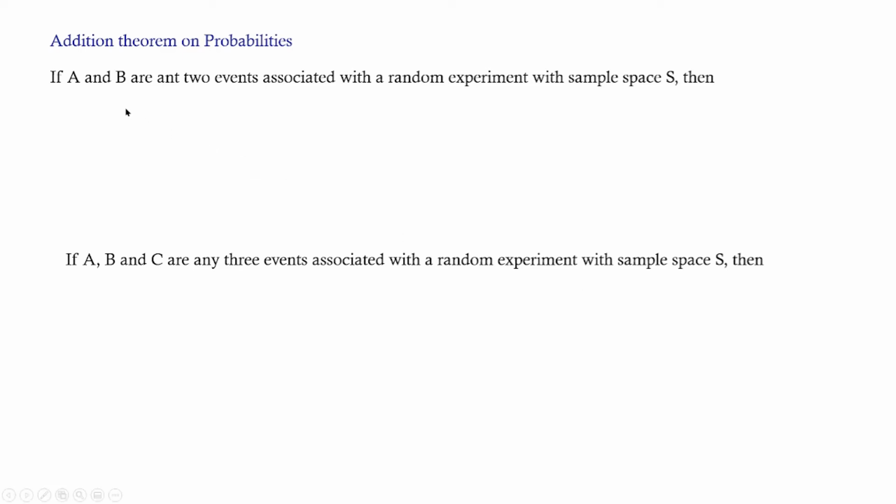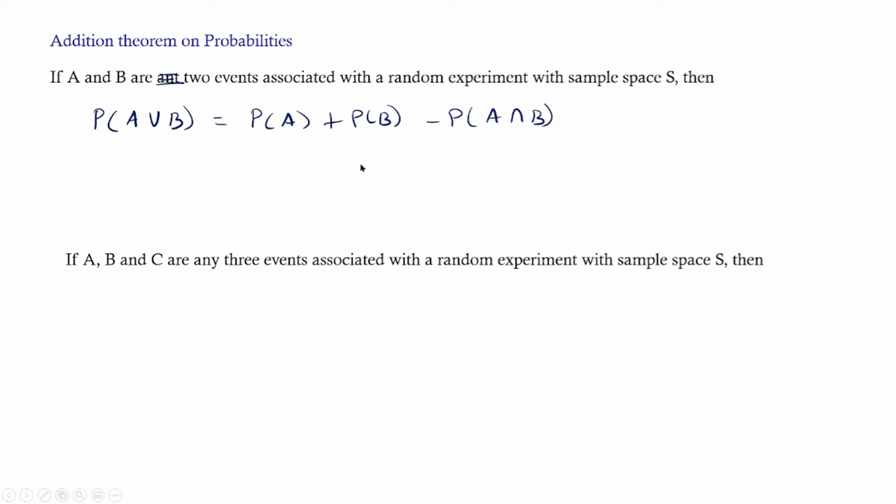And now coming to the addition theorem on probabilities. If A and B are two events associated with a random experiment with sample space S, then we have probability of A union B equal to probability of A plus probability of B minus probability of A intersection B. So this is the addition theorem on probabilities.